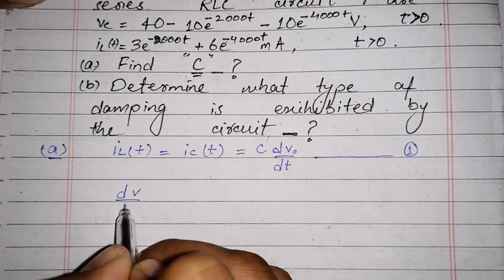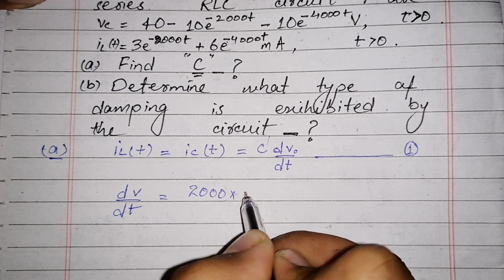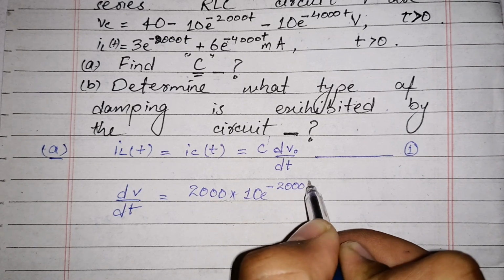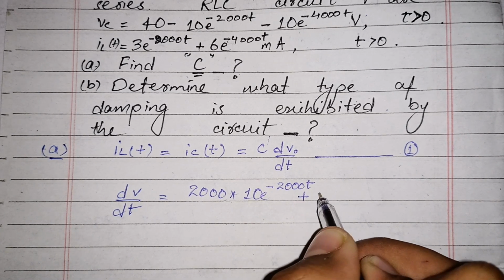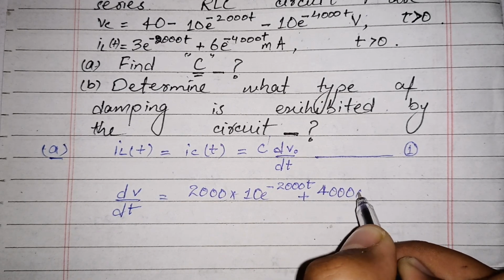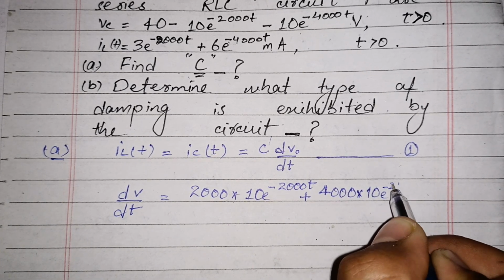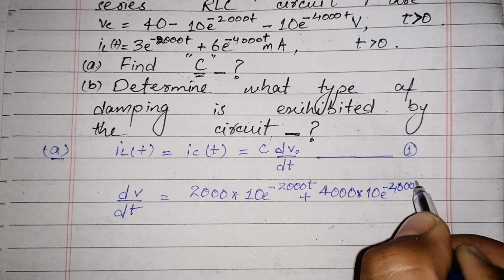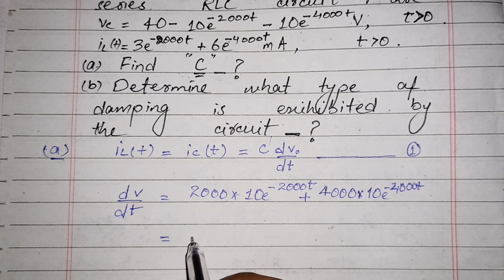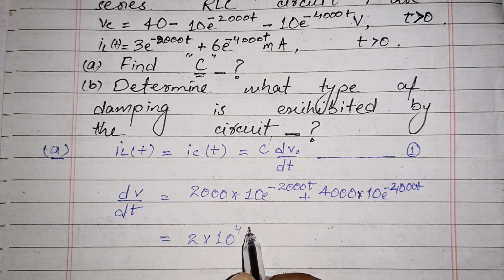So dVc by dt is equal to 2000 times 10 e raised to power minus 2000 t plus 4000 times 10 e raised to power minus 4000 t, which is equal to 2 times 10 raised to power 4.